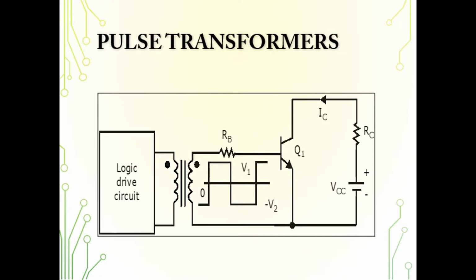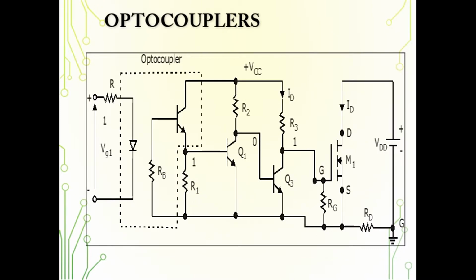One more way of achieving isolation is by using optocouplers. This is the one which is usually used in most of the applications. So what it has is, it has this infrared light emitting diode, okay, and it has a silicon phototransistor. So the input signal whatever is applied, it is applied to the infrared light emitting diode, and the output is taken from the phototransistor.